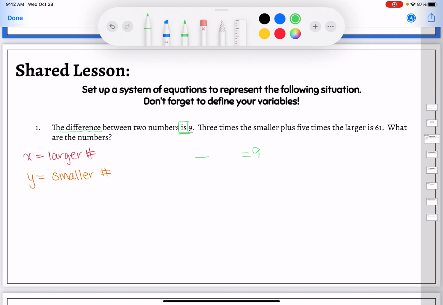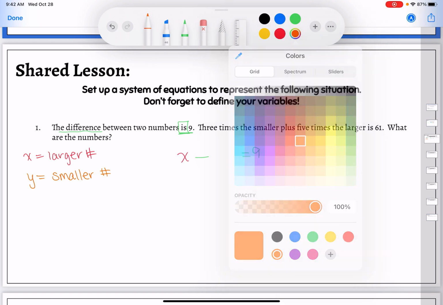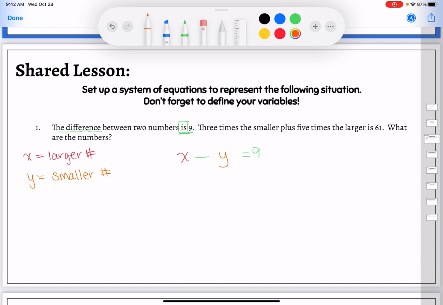So if I get a positive number for my answer, I have to take the bigger number minus the smaller number, and not the other way around. If I took a smaller number minus a bigger number, I'd get a negative answer. That's why we need to indicate which one's the larger number and which one is the smaller number. So in this case, it has to be x minus y to get a positive answer.